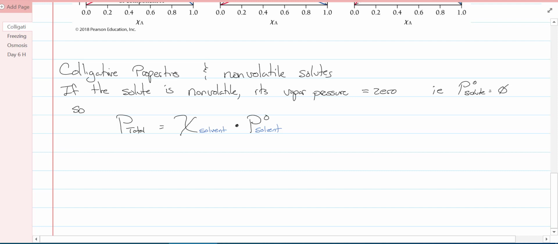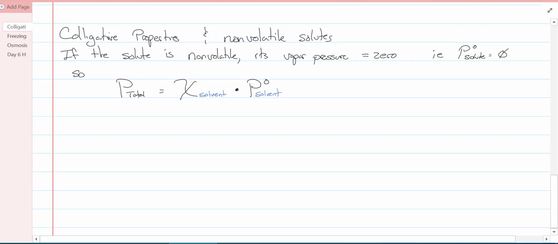Okay, so this is an example like sodium chloride in water, or sugar in water. Sugar doesn't just vaporize, it's not a volatile substance, and neither is salt. If I put one of those into the solution, all that matters is the mole fraction of water and the vapor pressure of water. So what's going to happen is, if I put salt into water, it evaporates more slowly than if I put just fresh water.